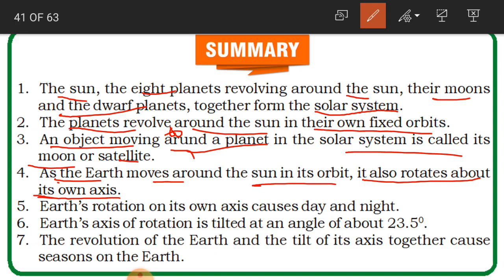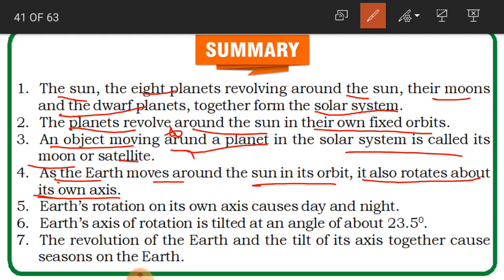Both rotation and revolution take place at the same time. But the earth takes 24 hours to rotate around its own axis, and to travel around the sun, it takes 12 months to complete one revolution.